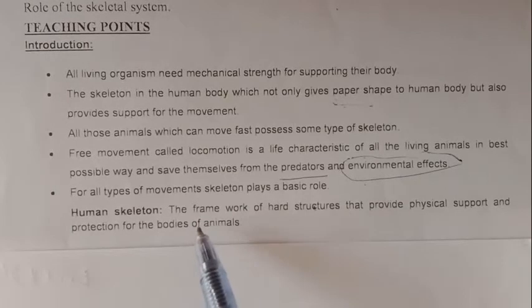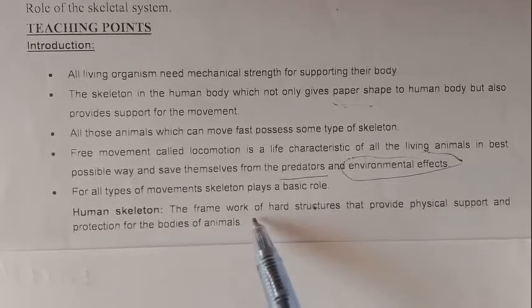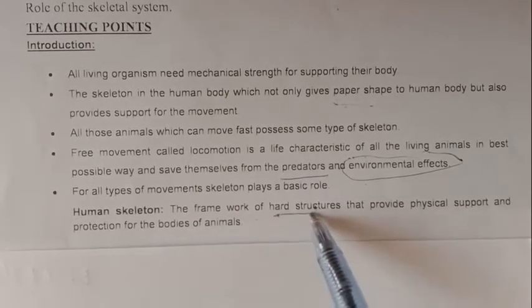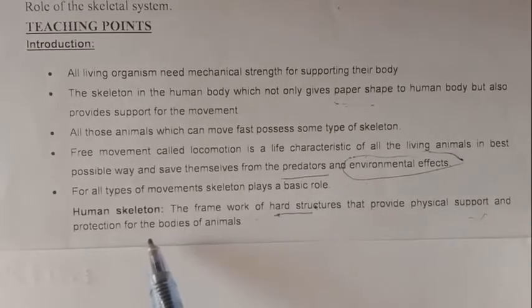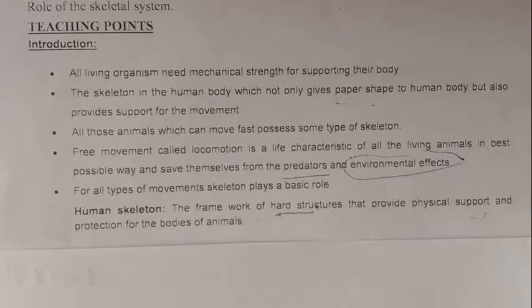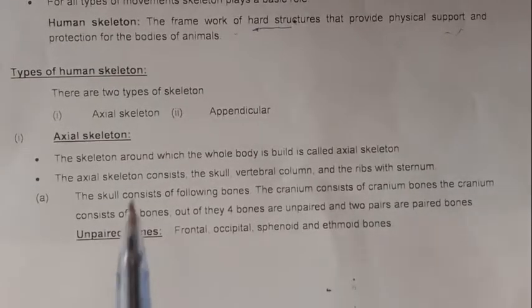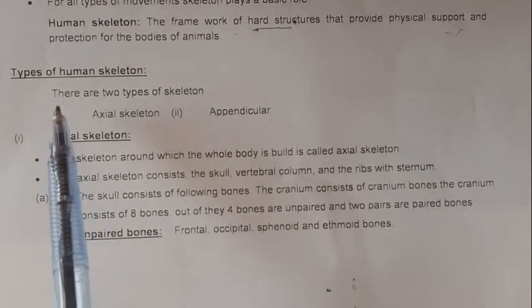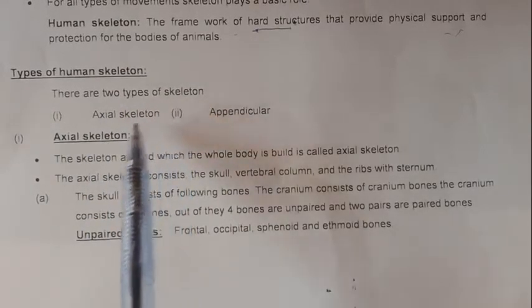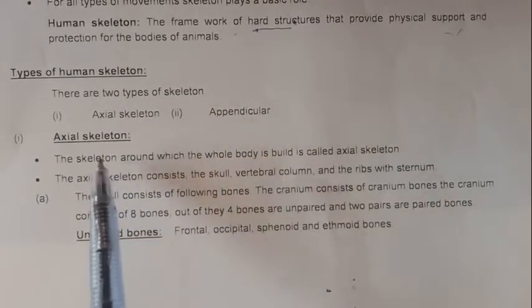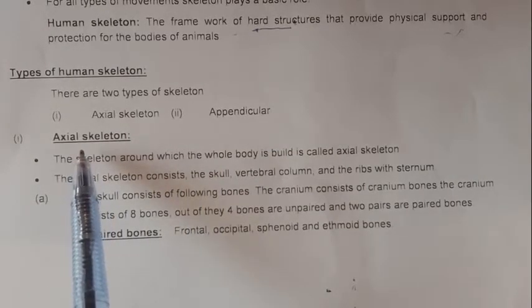Now, definition. The skeleton is the framework or network of hard structures, meaning bones and cartilage, that provide physical support and protection for the body of animals. Now, types of skeleton. There are two types: axial skeleton and appendicular skeleton. First, we will discuss the axial skeleton.